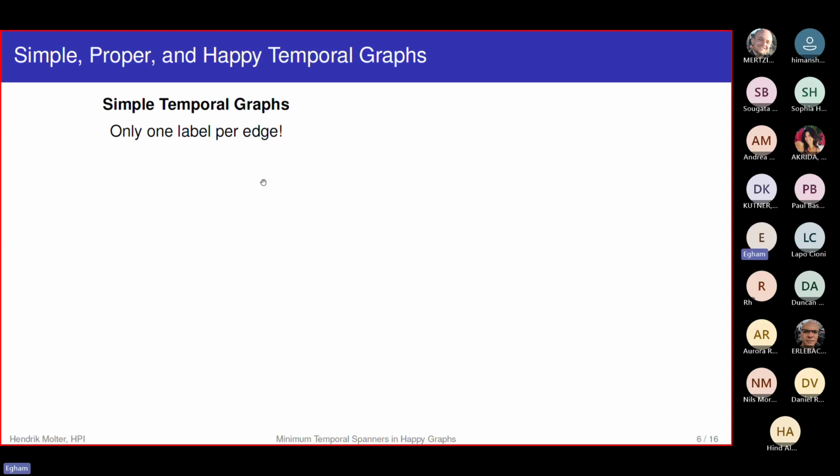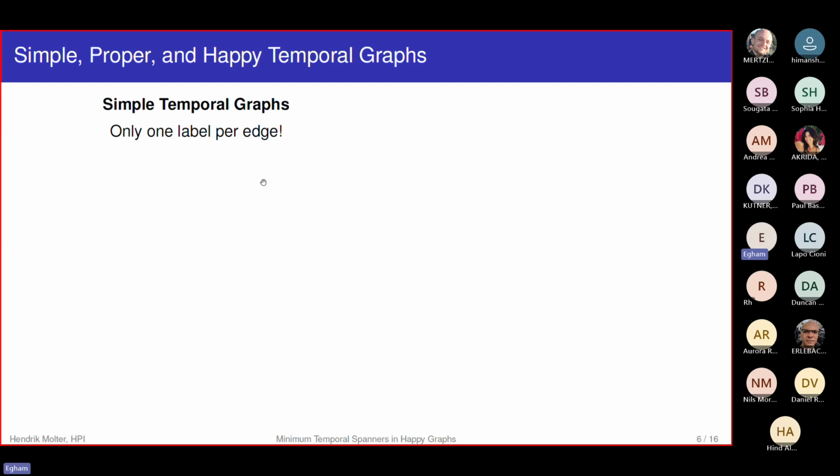The title also talked about happy graphs, and what we want to look at are certain natural temporal graph classes where some of these differences coincide to the same problem or the same notion, let's say.